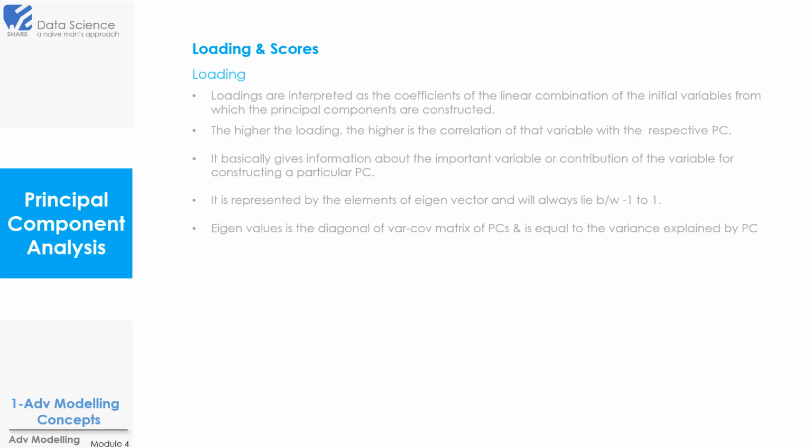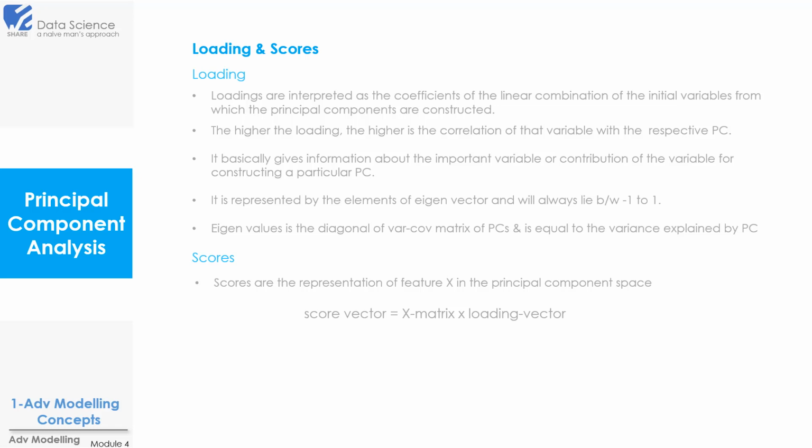Eigenvalues are the diagonal of the variance-covariance matrix of principal components, and each is equal to the variance explained by that PC. Then we have scores. Scores are the representation of feature X, that is the predictor, in the principal component space. So the scores vector is equal to X, the matrix of predictors, multiplied by the loading vector.